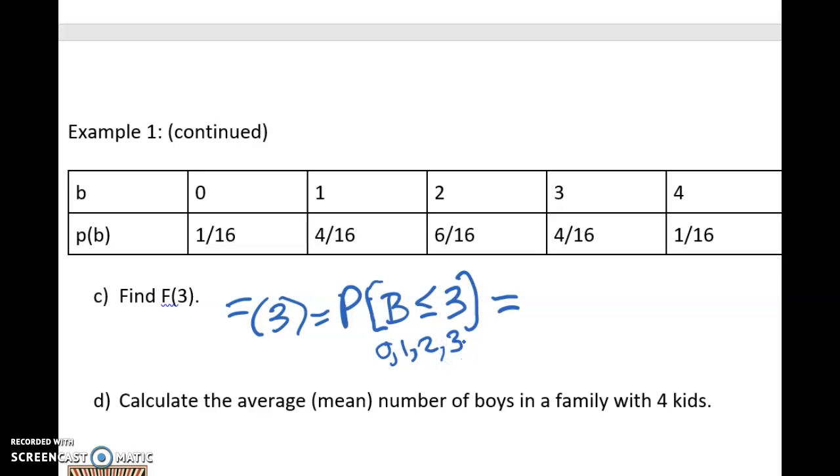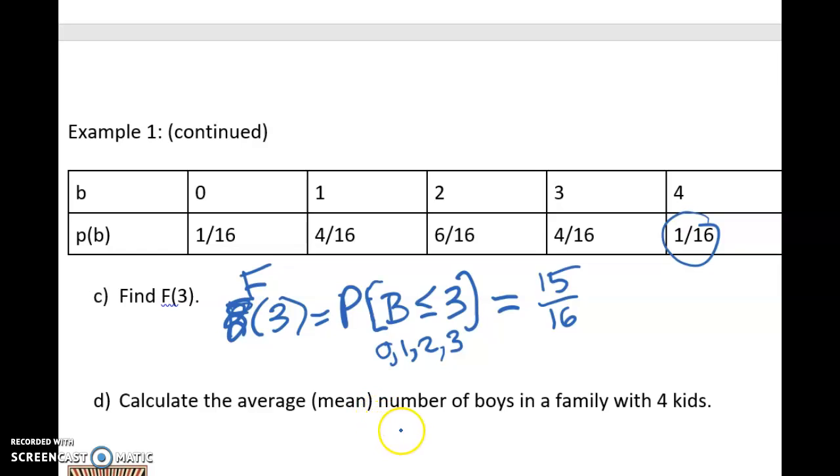So if I add those up, that will be 15/16. I got that really fast because I know it's everything except this, so I just did 1 minus that. So capital F of 3 is the probability B is less than or equal to 3, 15/16.